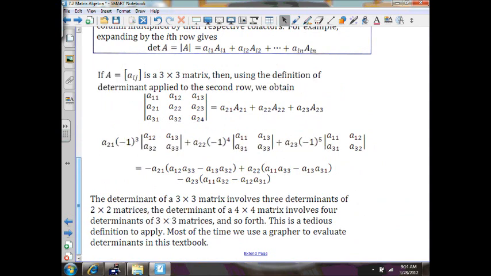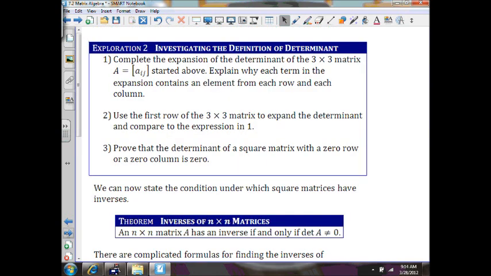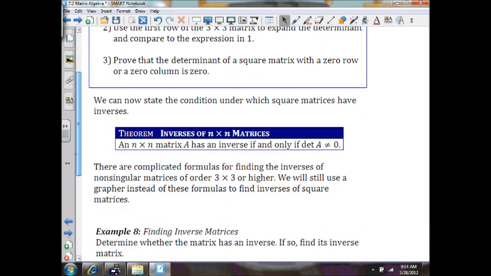So I'm never going to ask you to find the determinant of a 3 by 3 by hand, or a 4 by 4, or something higher than that. It's so tedious that we're just going to have you use your calculator like we did in example 7b. The only one I'm going to ask you to do by hand is for a 2 by 2 matrix, which we'll talk about in example 8.